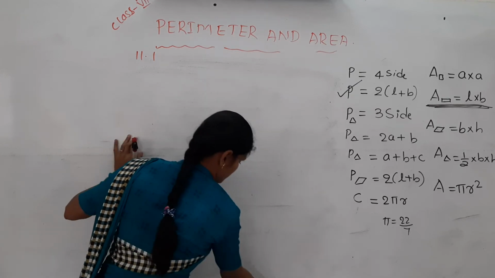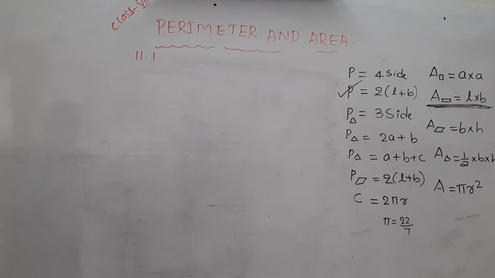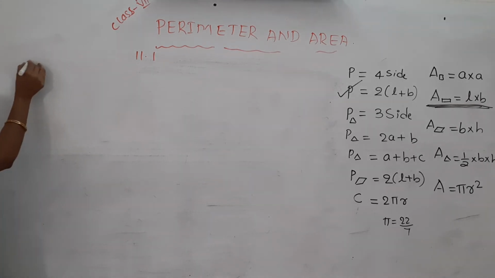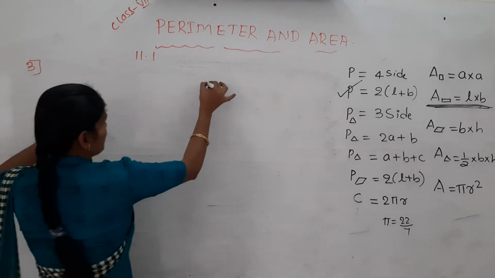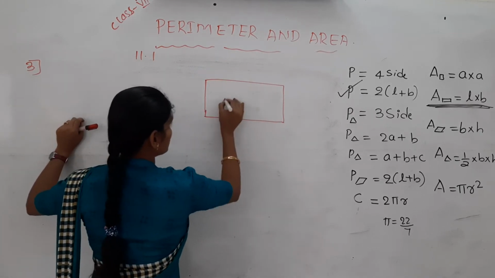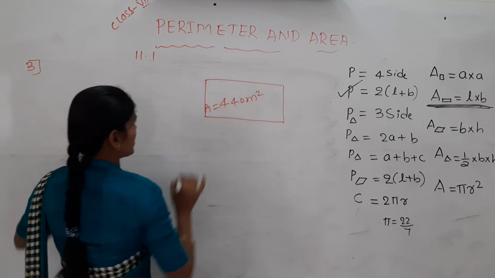Let's take it here. If the area of a rectangular land is 440 meter square, what is it? It is the area.